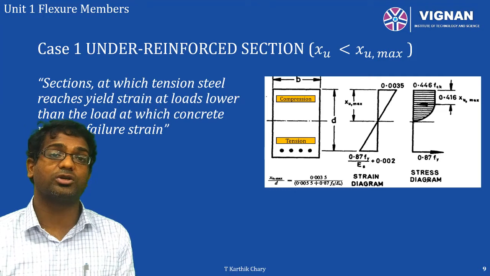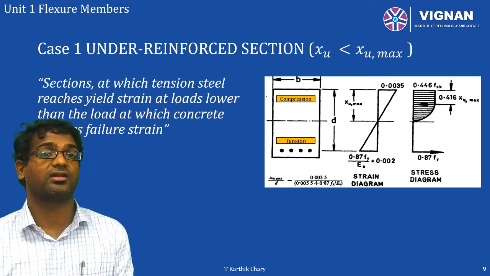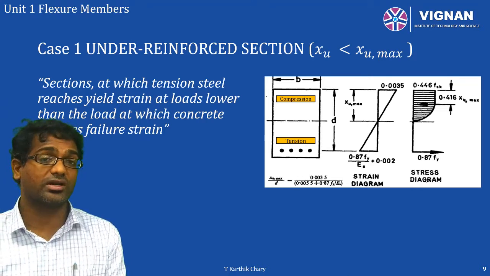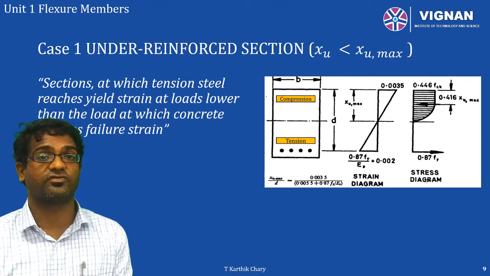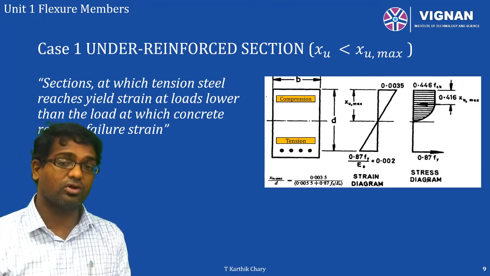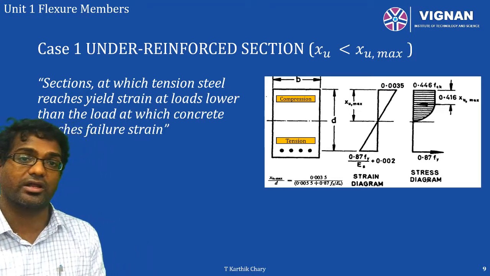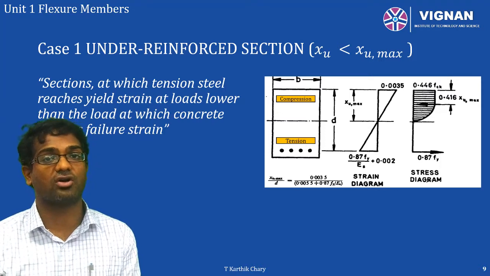Steel will start to reach ultimate strain rather than concrete. So what does it mean? Your steel starts to fail. Even though the steel is starting to fail rather than the concrete, we are avoiding the brittle fracture in the concrete.